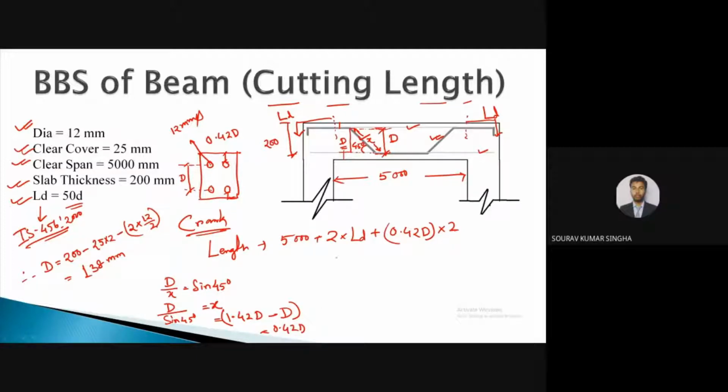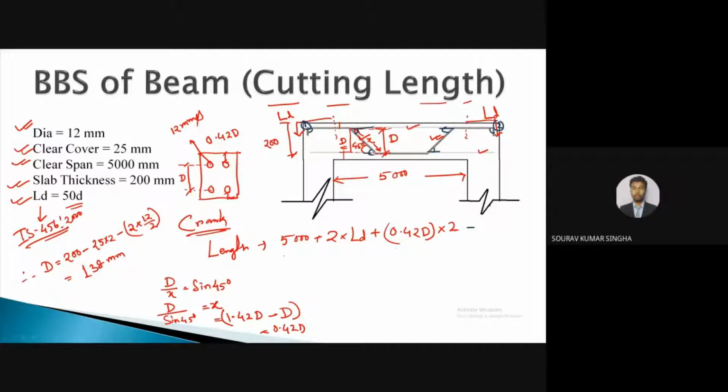Now if you put all the values, one thing is remaining over here, that is the deduction for the bend. So here we have 2 numbers of 90-degree bend, that means 1 and 2, and we have 45-degree bends, 1, 2, 3 and 4, so 4 numbers of 45-degree bend.